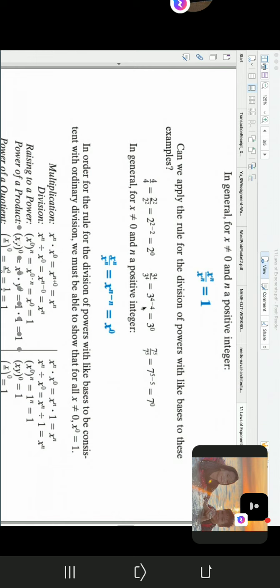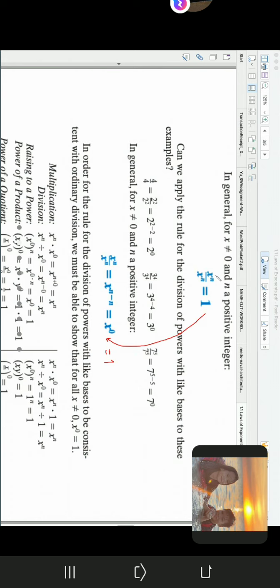Here, 4 minus 4 gives 3 to the power of 0, and here 7 to the power of 0. But you have to take note that any number raised to 0 is still equal to 1. So these are the same, equal. Any number raised to 0 is equal to 1.